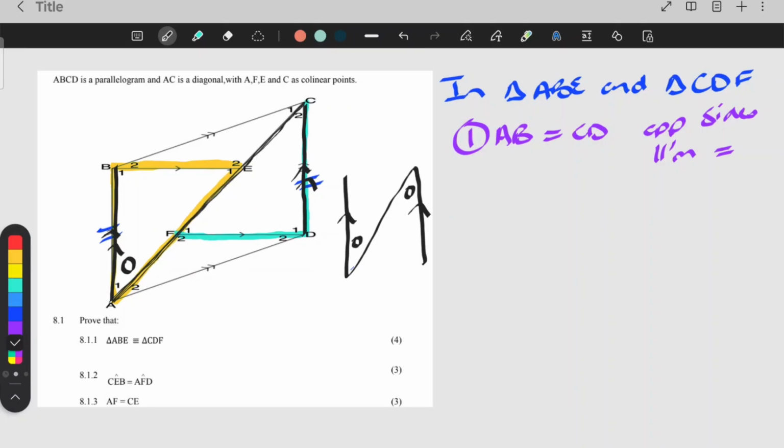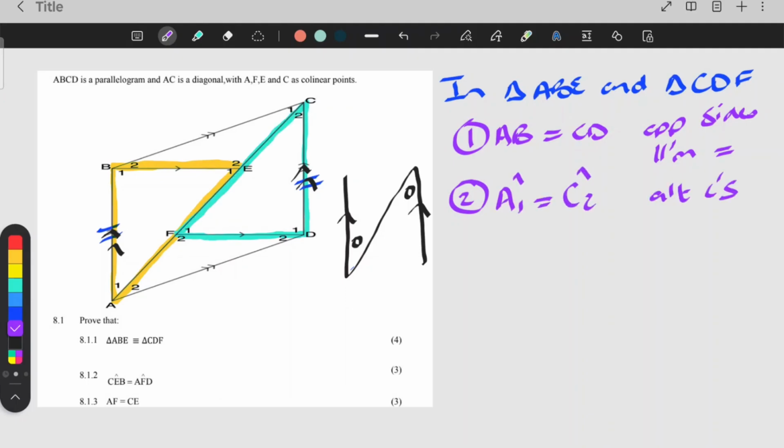So do you agree that this is equal to that alternating angle? A1 is in the yellow triangle and C2 is in the blue triangle. So let's write A1 is equal to C2, alternate angles, and the lines that are parallel, AB is parallel to CD.